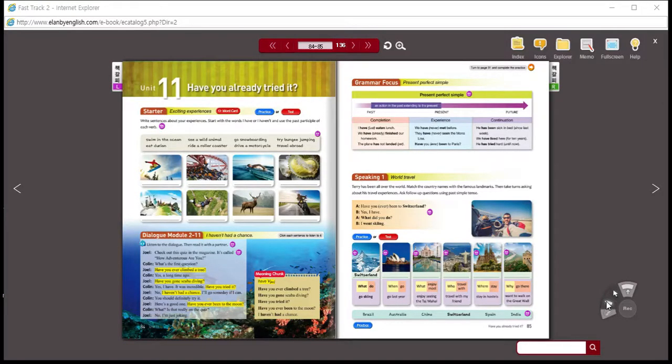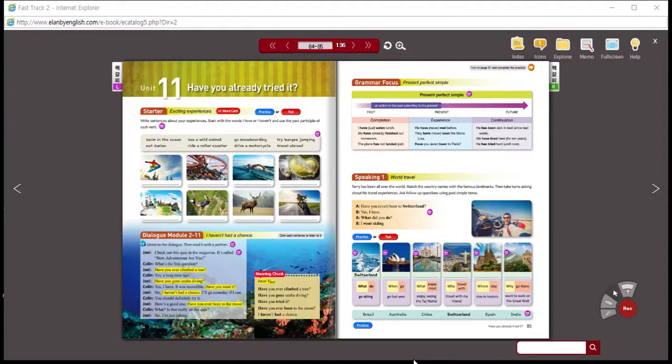Today we're going to be looking at the present perfect tense, okay? And we're going to be talking about our experiences. Usually when we study the present perfect, we are talking about experiences, things we have done in the past.